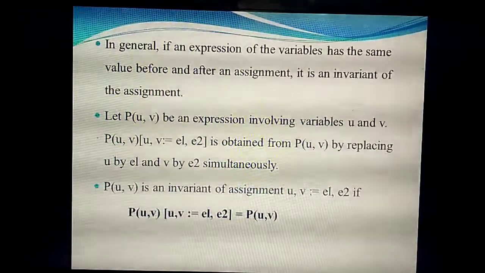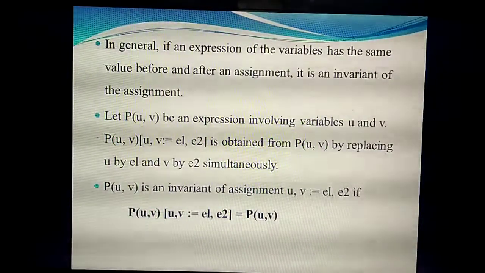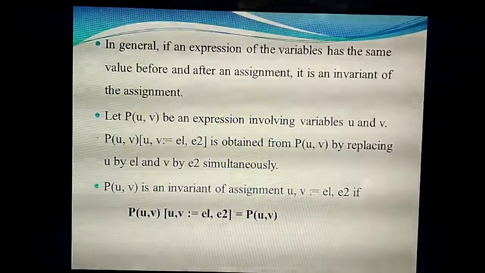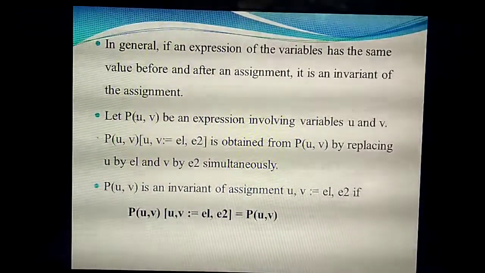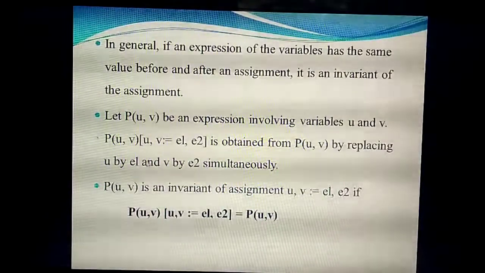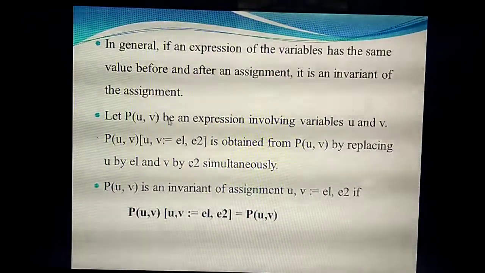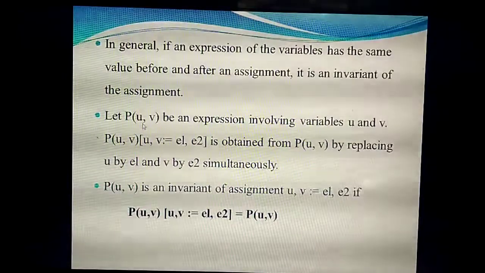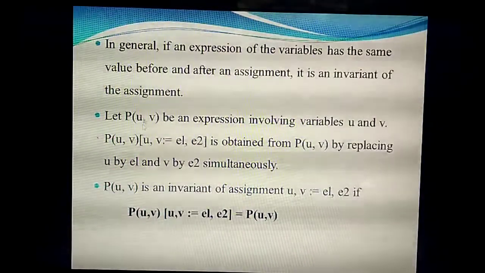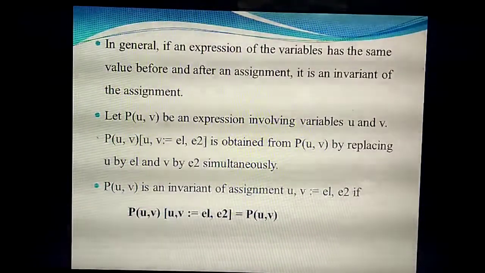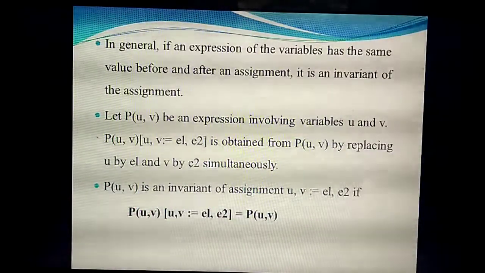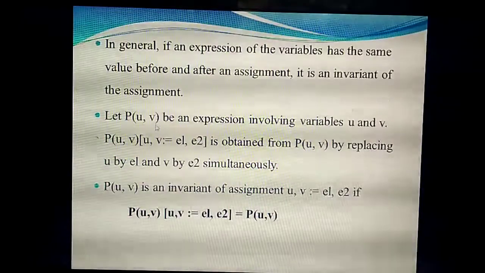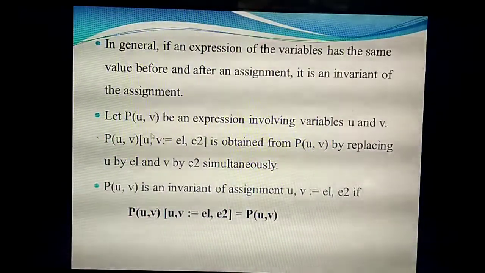Now we are going to assign some variables for this problem. Okay, listen. In the problem they will give P of U comma V, isn't it? U comma V, they will give some values. So what are the variables? U and V. They have given this as an expression: P of U comma V is an expression, and it will contain two variables U and V. Understand?